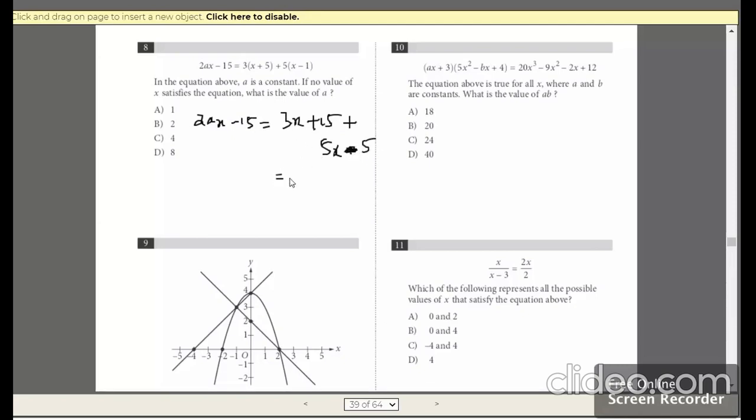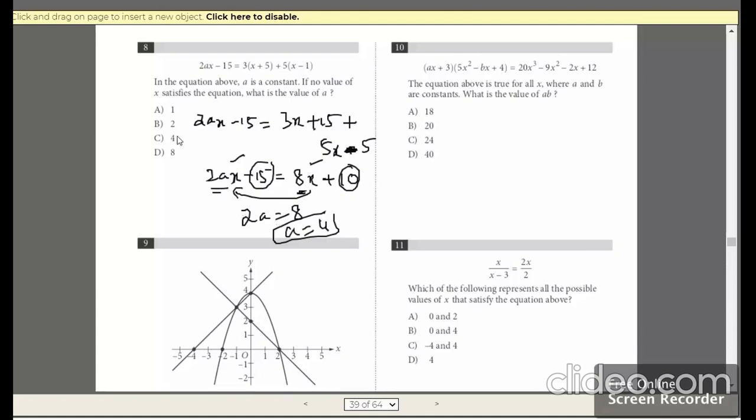So adding like terms will give us 8x plus 15 minus 5 is 10. 2ax is equal to 8x, so 2a is equal to 8. a is equal to 8 by 2, which is 4. We don't have to worry about what constant is given to us. They are asking what is the value of a. So just equate the x coefficients, and you will get a is equal to 4, bingo, that is answer C.